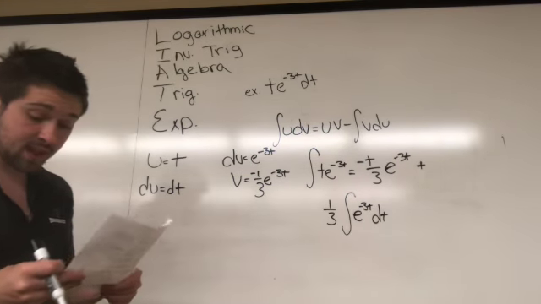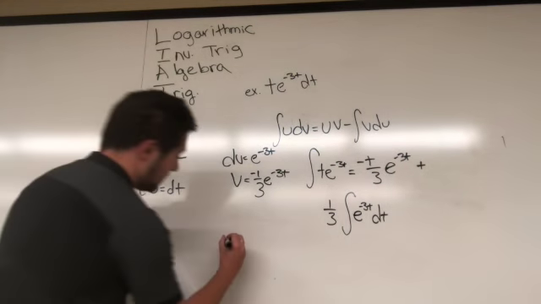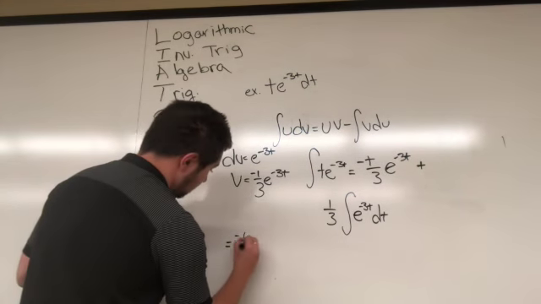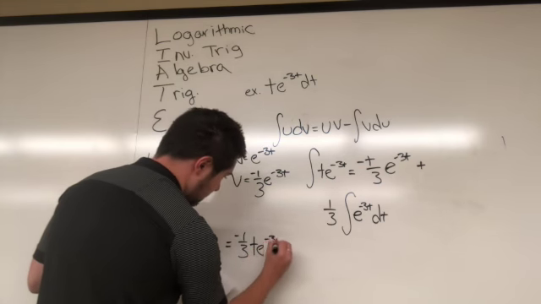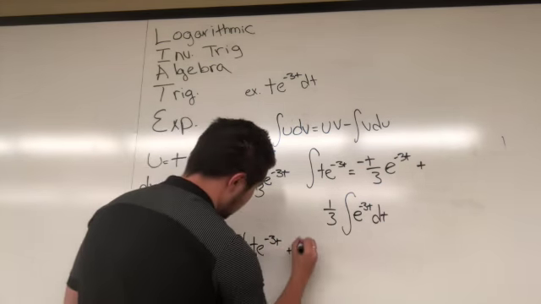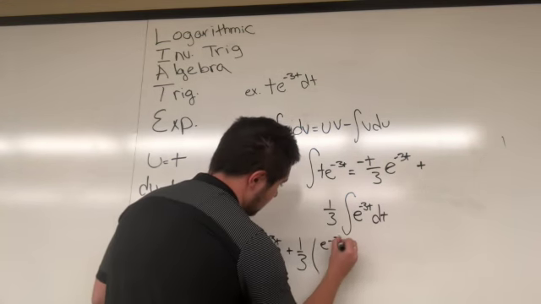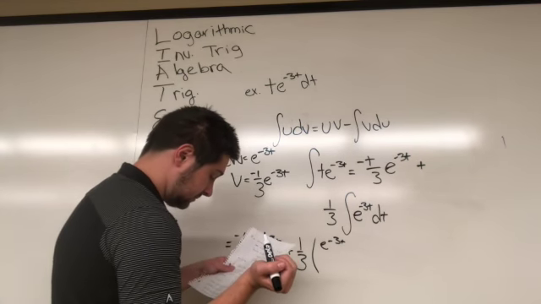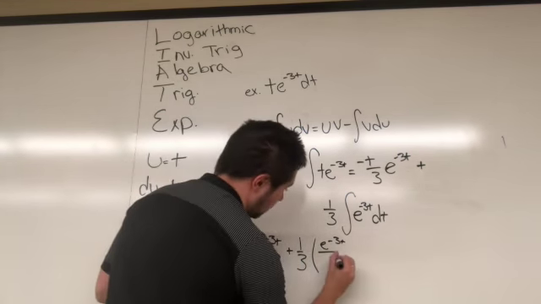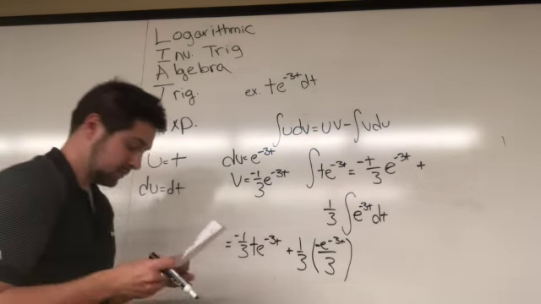All right, and then we simply apply the integral. So we get equals negative 1/3 t e to the negative 3t plus 1/3 times e to the negative 3t over 3, and this is actually negative, I apologize for not getting that in.